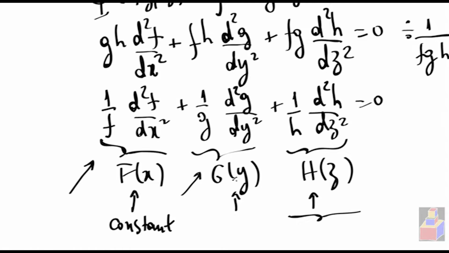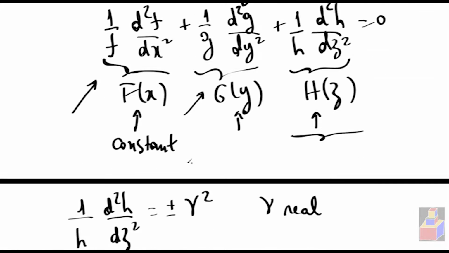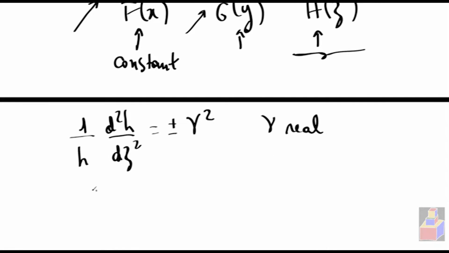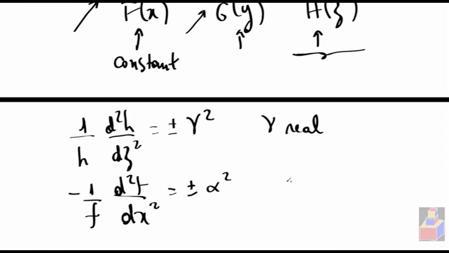We can use many different options, but let's say we choose 1 over f, d squared f over dx squared, with a minus, equal to plus or minus alpha squared, and minus 1 over g, let's say this is plus or minus beta squared.